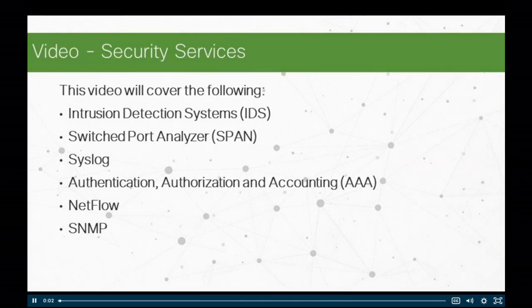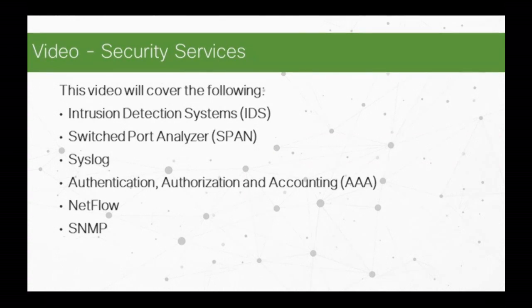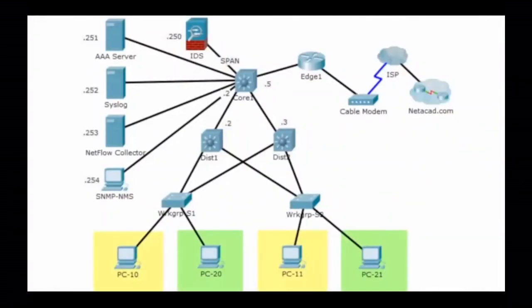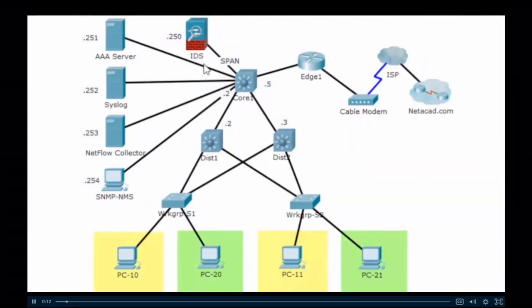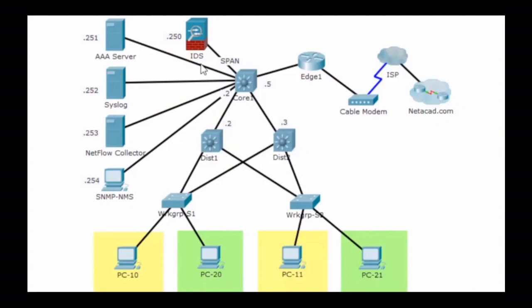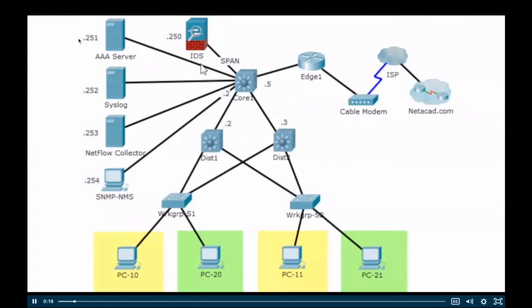In this example network, security services have been implemented. Let's take a look. First of all, there's an intrusion detection system, or IDS, here. The role of the IDS is to scan packets against security signatures looking for network attacks. This is made possible by the Core 1 switch and SPAN, the switch port analyzer.